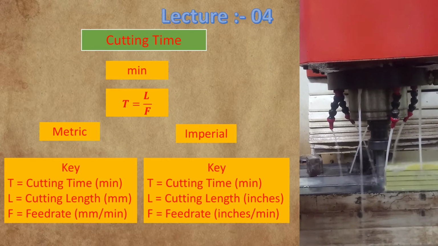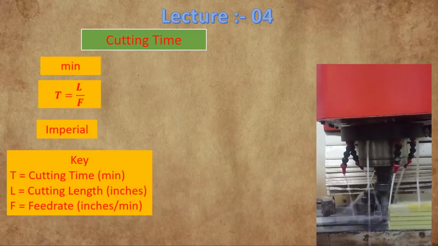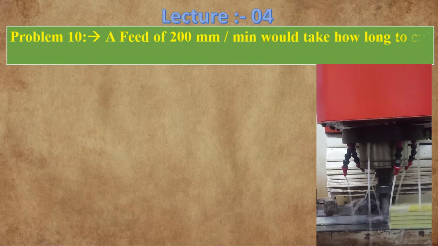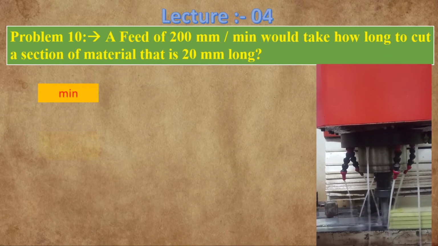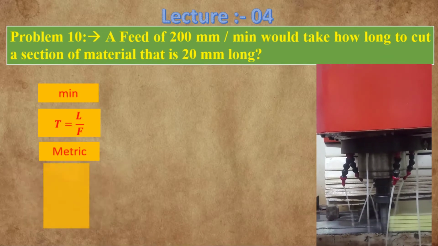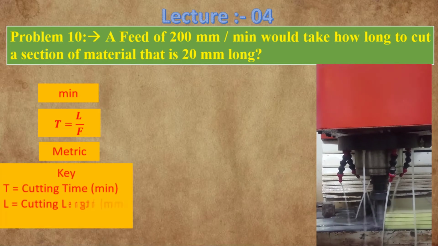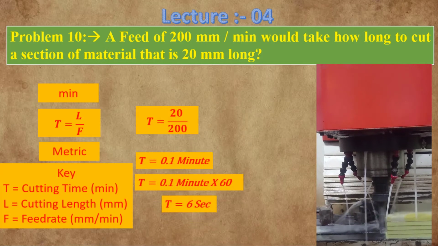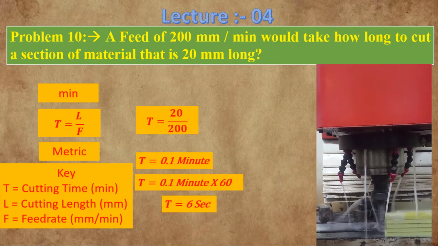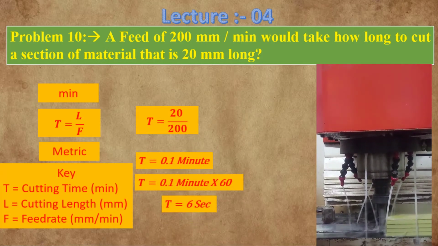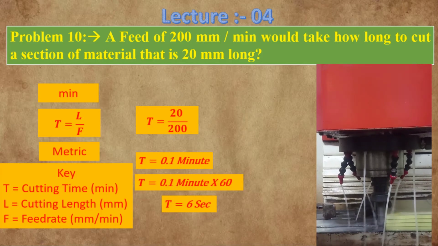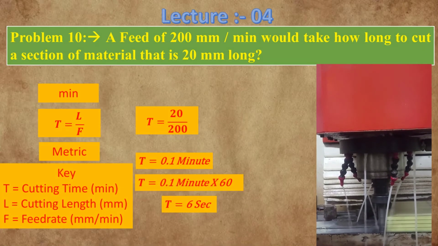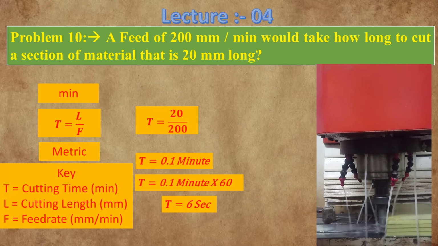Okay, so in this first example, let us have a look at a metric one. A feed of 200 millimeters per minute would take how long to cut a section of material that is 20 millimeters long? So we are going to calculate our time, represented by the letter T, and this is in minutes. Our cut length is the first part of our equation. So let us say we are cutting a 20 millimeter long cut and we are using a feed rate of 200 millimeters per minute.